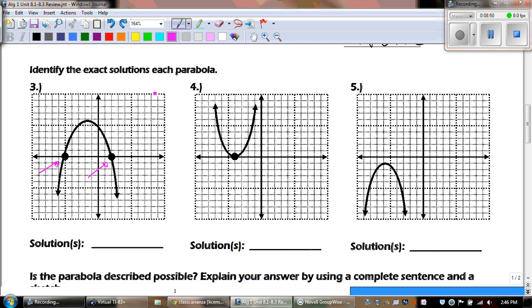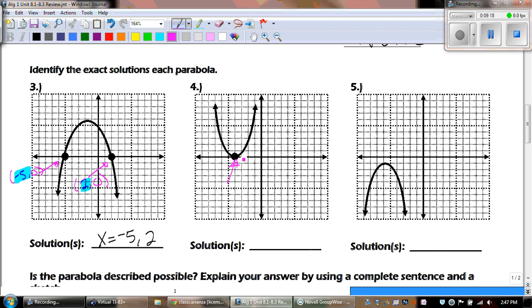What does x equal? When it's solutions, we just want to know what x is. So x would equal -5 in our first one and +2, because this is the point (-5, 0) and (2, 0). So all we want is the x point, or the x value.